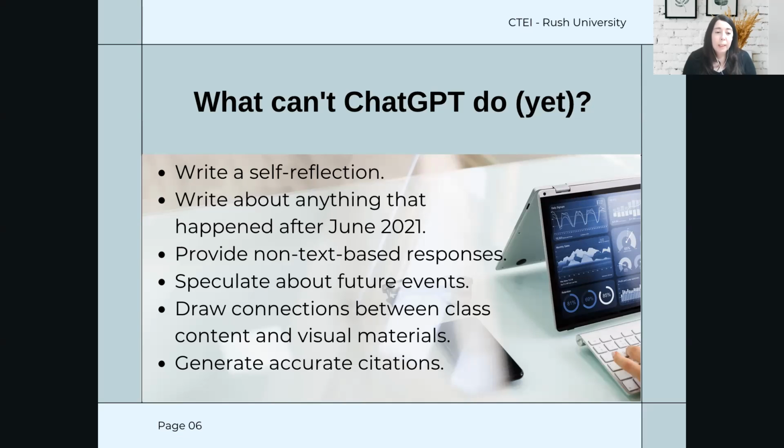This specific tool can't provide non-text-based responses such as images. And it's also not very good about speculating about future events. It has difficulty drawing connections between class content and visual materials. And very, very importantly, it does not generate accurate citations to a reliable degree. Next slide, please.